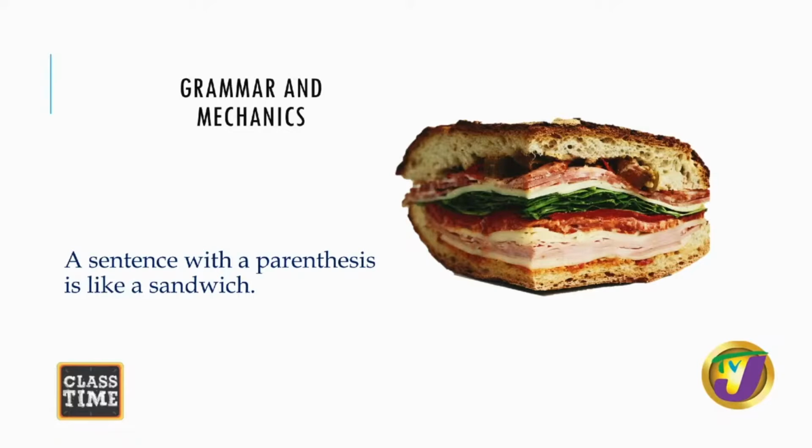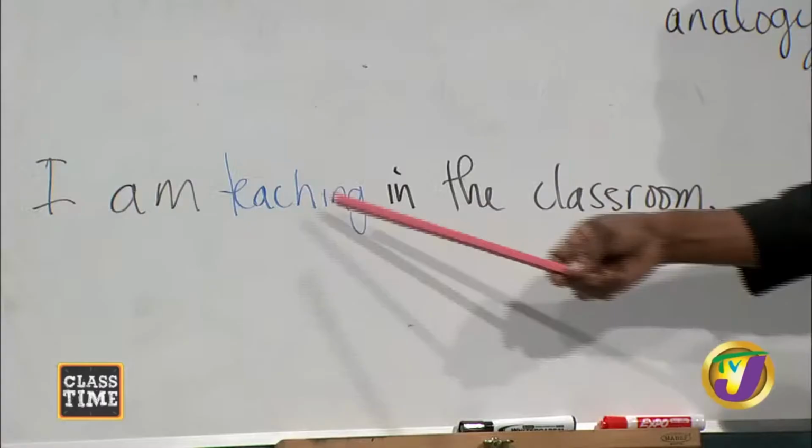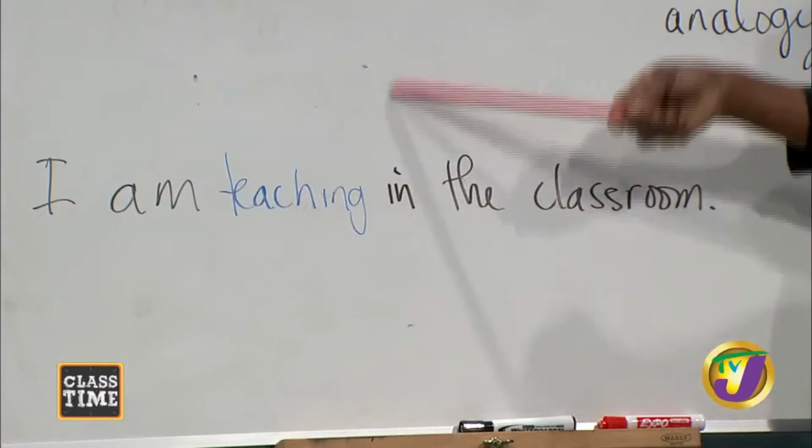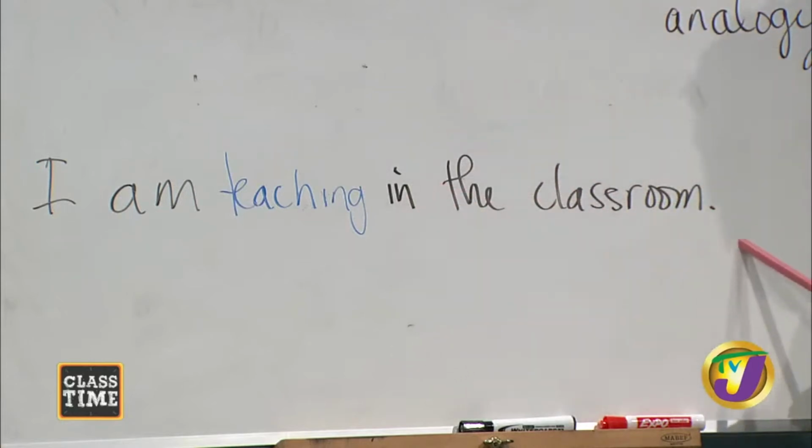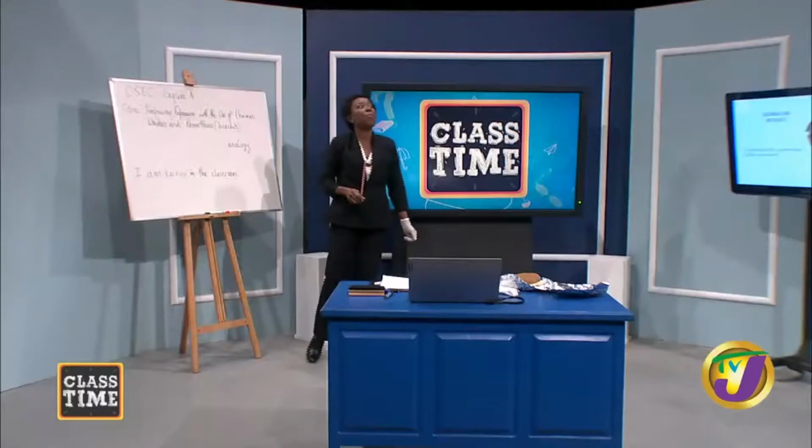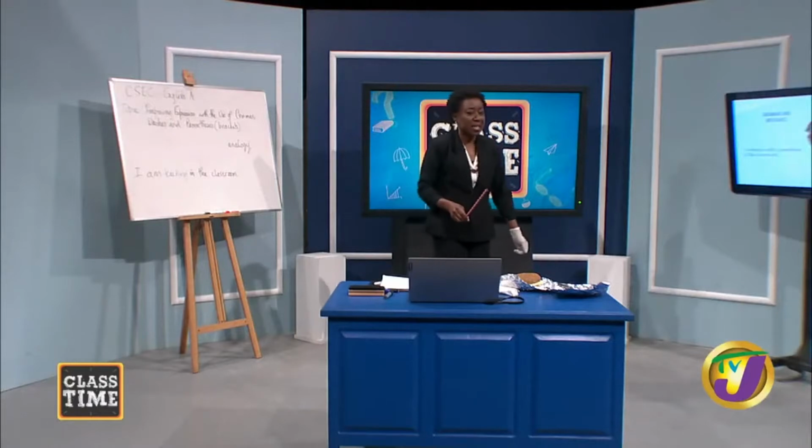It is not just cheese, I could put tomato. So over here, I could say, I am teaching English A in the classroom. So I would even add more information in the sentence.